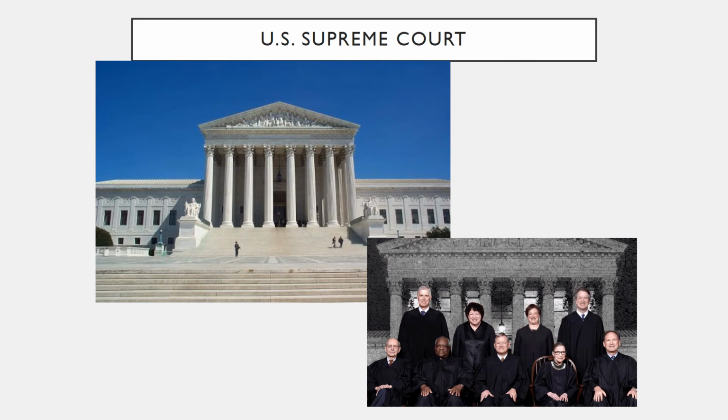The head of the Supreme Court, the guy in the middle there sitting, is the Chief Justice, and the Chief Justice heads up the Supreme Court. But these Supreme Court justices are appointed by the President of the United States, and they are confirmed. They're nominated by the President and confirmed by the Senate, and that's how their appointment takes place.